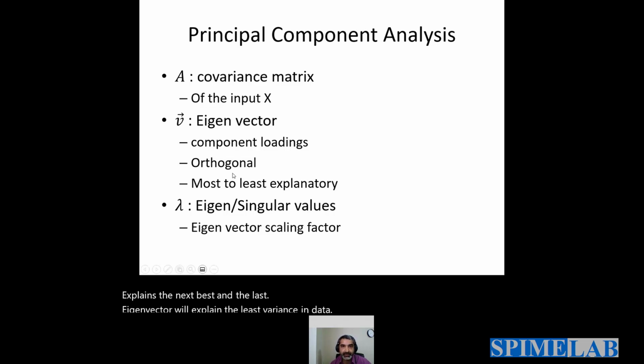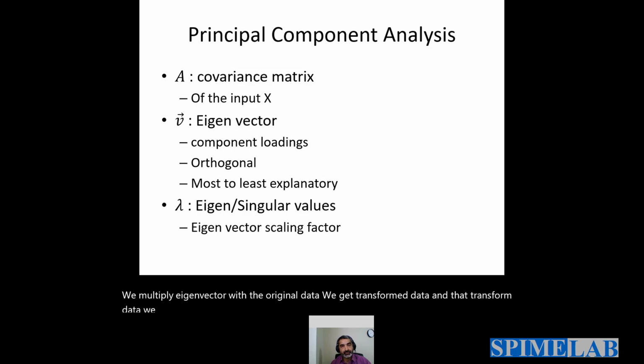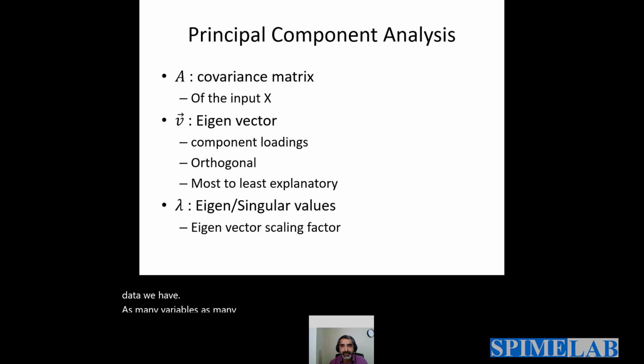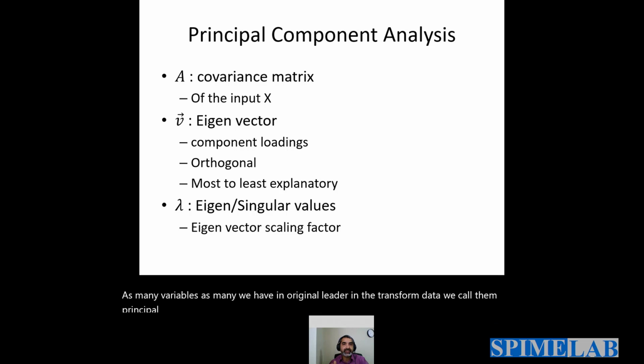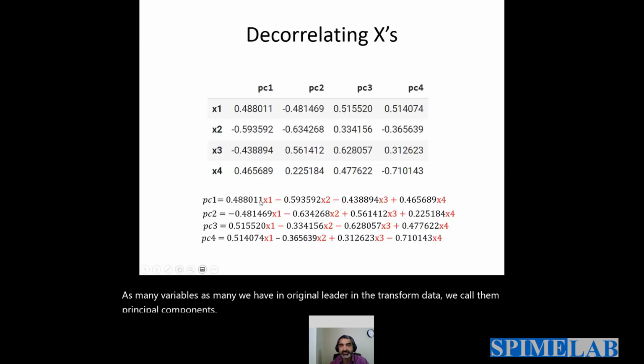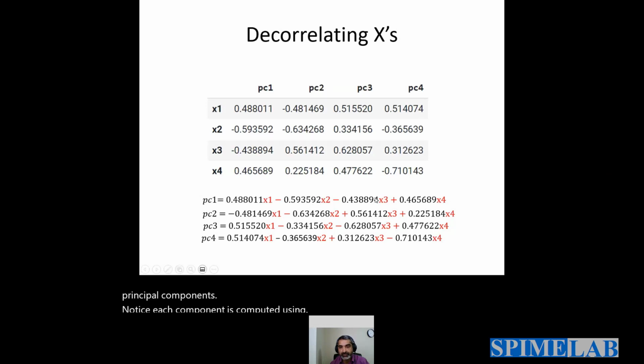Eigenvectors provide us a way to decorrelate our data. We multiply the eigenvector with the original data, we get transformed data, and in that transformed data we have as many variables as we have in the original data. In the transformed data, we call them principal components. Notice each component is computed using all values of the input variables. x1, x2, x3, x4 are multiplied by the corresponding coefficients of the eigenvector, and we get a new value.